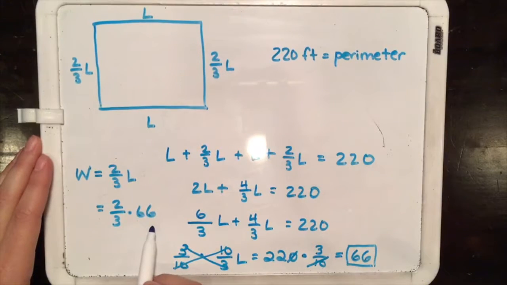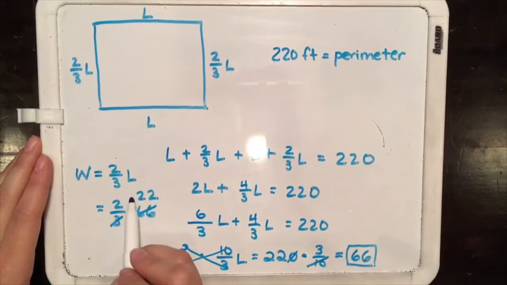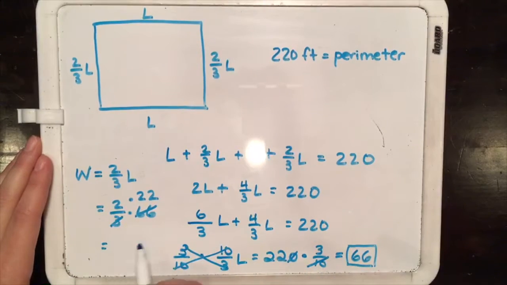Again, you could do this in your calculator, or if you'd like to reduce the fraction, we could divide by 3. 66 divided by 3 is 22, and if we multiply 2 times 22, we get 44 for W.